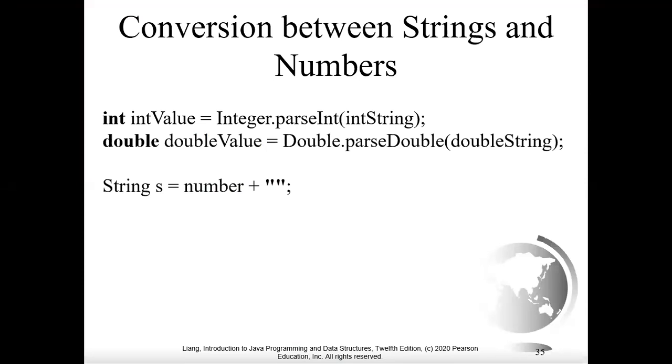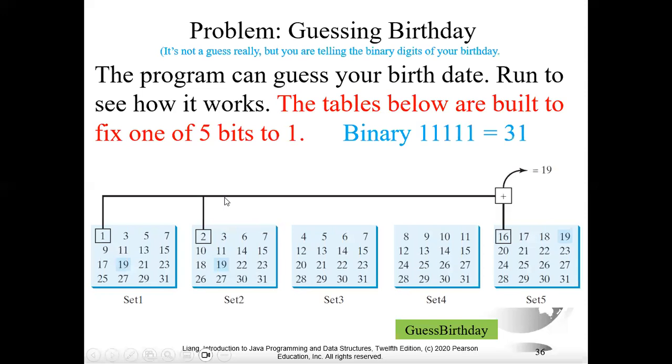Whenever you want to translate a number, a binary number, to a string, you concatenate it with a null string. You understand me? Does it make sense to you, writing like this? Because the left-hand side is a null string and the right-hand side is a number. Okay?